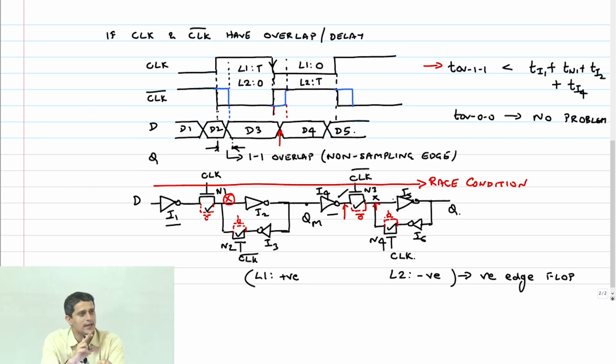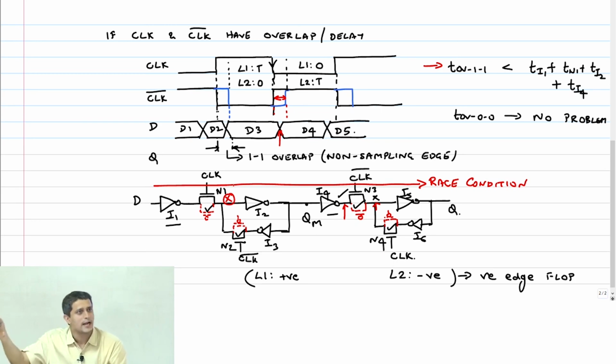For that, you have to analyze and see what happens after the overlap period. Okay, so this is my 0-0 overlap period that I am considering. What is the state of L1 and L2 after overlap? L1 is becoming opaque, L2 is becoming transparent. Therefore, if the change in D affects node X, that is X now becomes D4, then data can go through all the way to Q, because after my overlap period, this feedback path is going to hold that value.